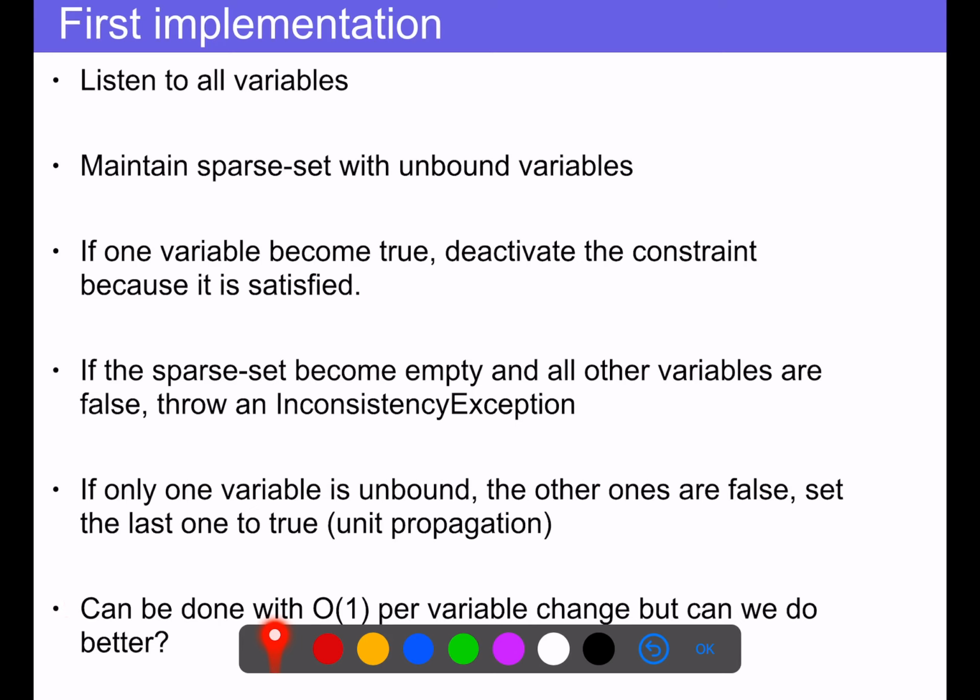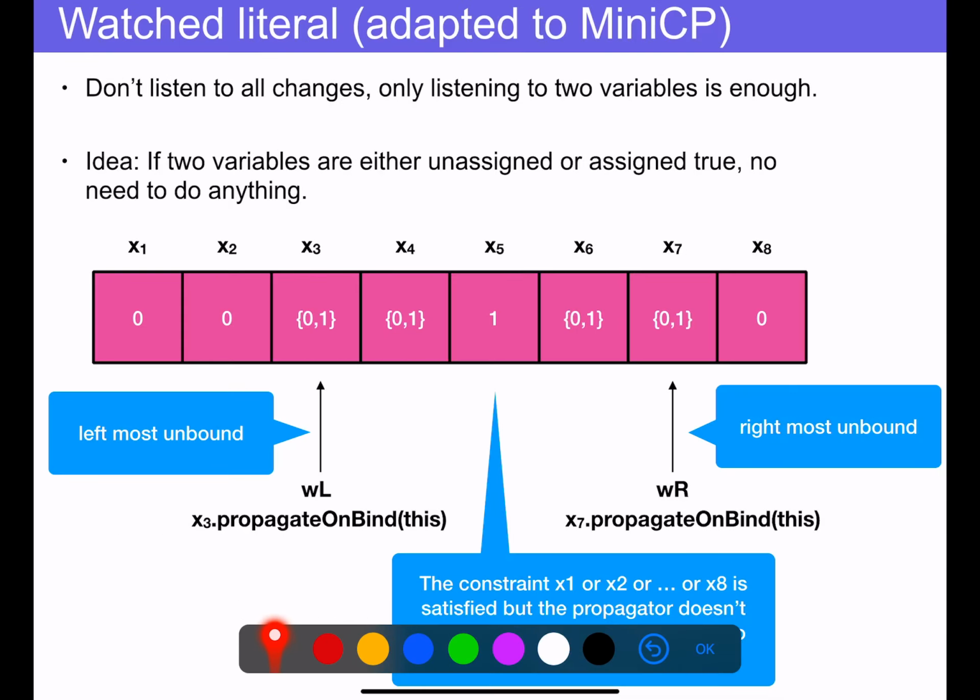But can we do better than this constant time per variable change? Which means basically order of 0, so do nothing. And the answer is yes, we can do even better than this. The idea is the following, and this is a key idea: we will not listen to all the variables. Okay, we will not listen to all the changes.